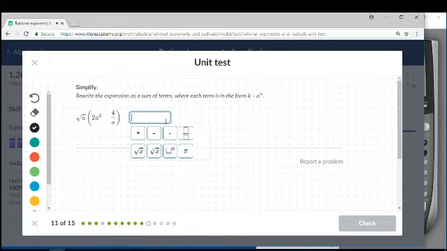All right. You write the expression in sum of terms where each term is the form k times a to the n. All right.